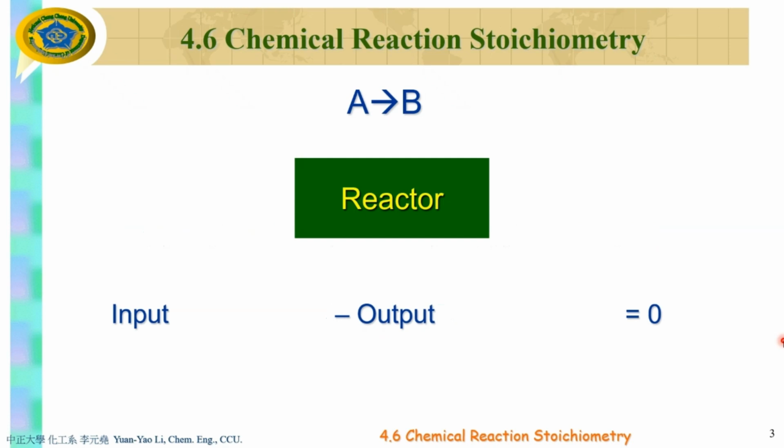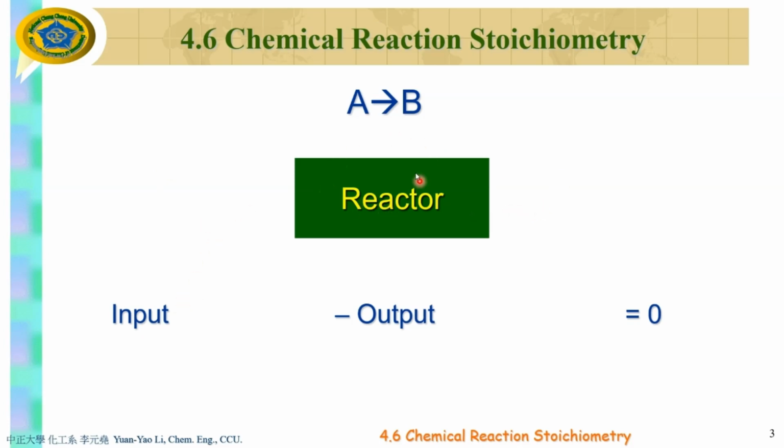So we understand that in chemical reaction stoichiometry, if we have A and then it becomes B, this is species A, and after the chemical reaction it becomes species B. Obviously, we need to use a reactor for this chemical reaction. We know that we have input and output.